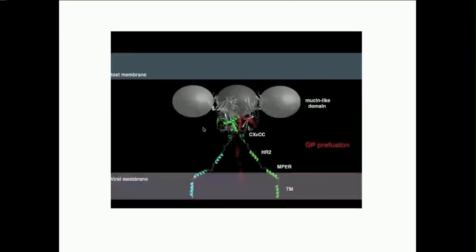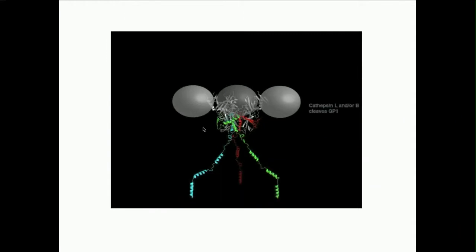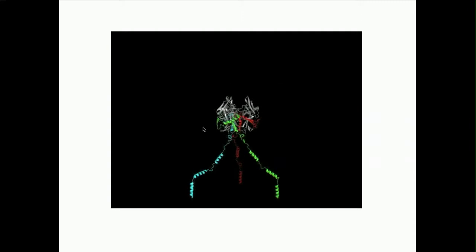This is actually a little video that was made by my colleague Erica Saphire at Scripps. What this shows is essentially what happens during this fusion reaction. This is the glycoprotein, just a different view of it, where you can see that it's all stretched out like this, and it's in the viral membrane. It gets cleaved by these enzymes called cysteine proteases, and that sets the stage for the receptor to bind, and I'll show you this a little bit more in detail.